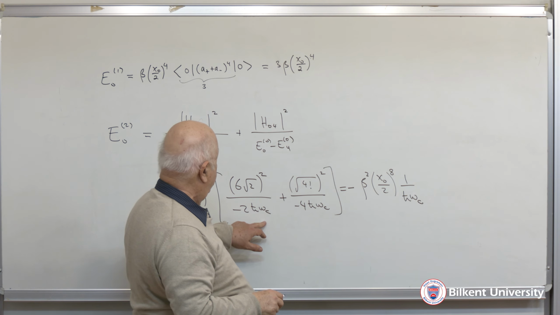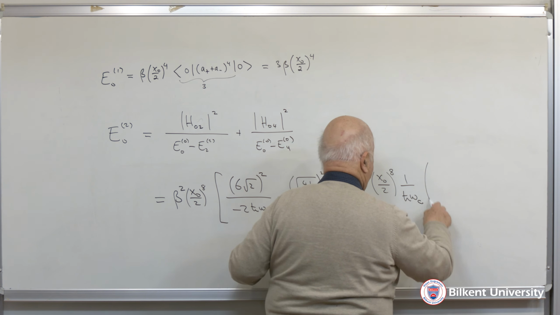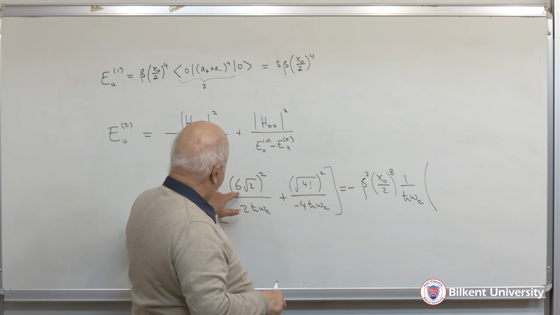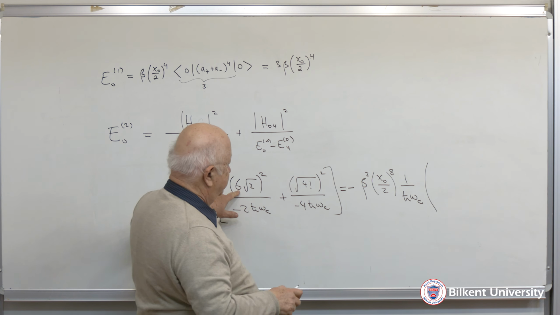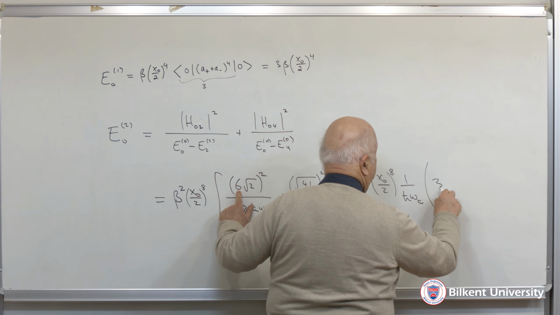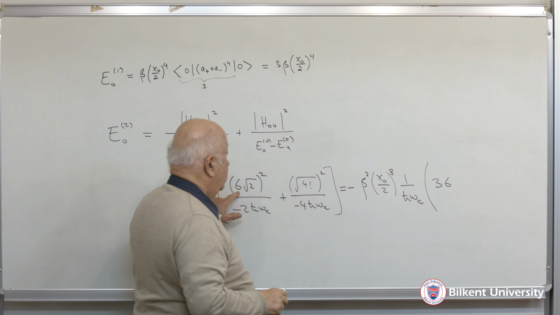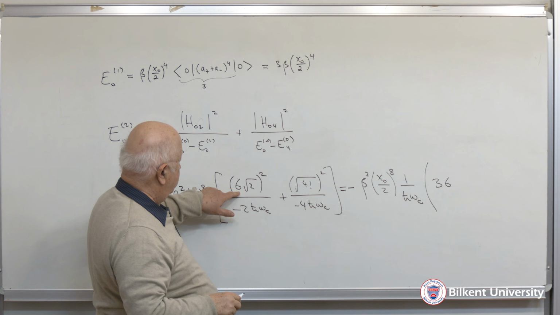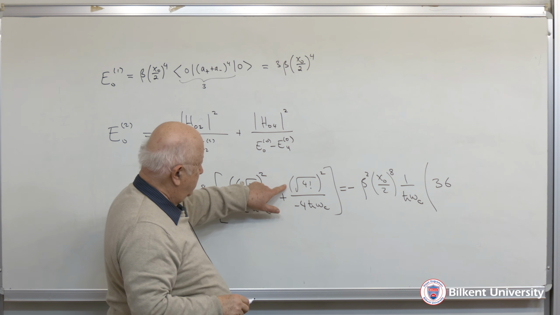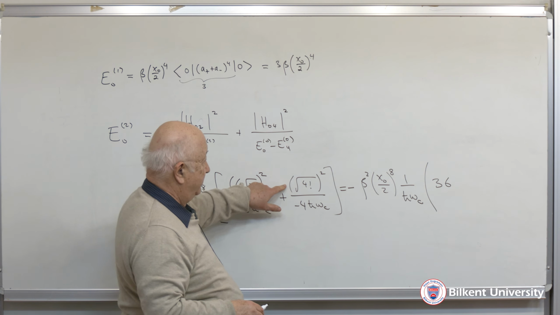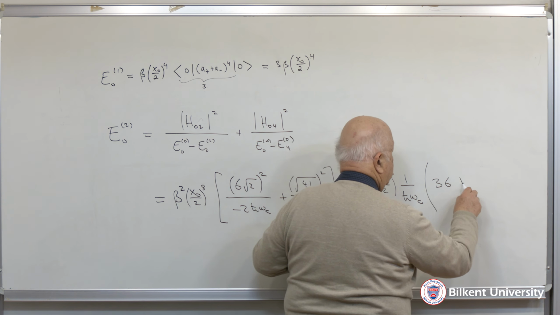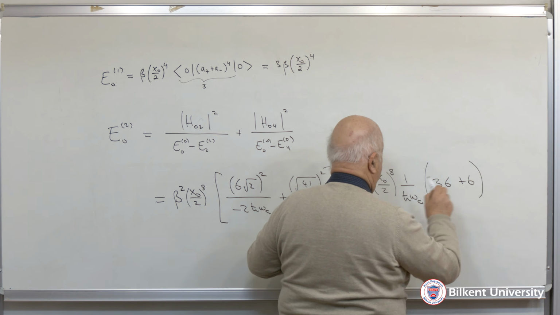So this is 2. Okay, so it's just 36, right? And then this one is, okay, it's just 6. Okay, so this will simplify a little bit.